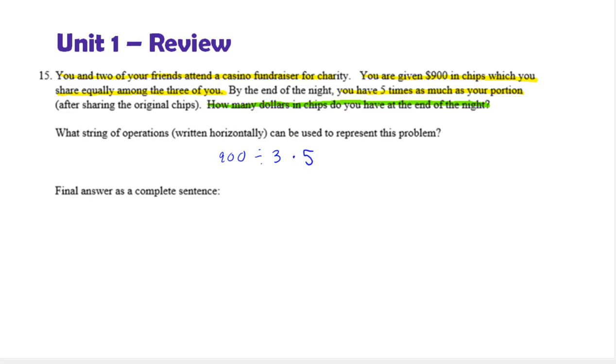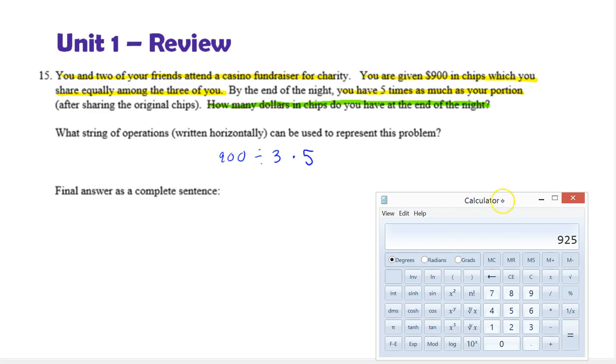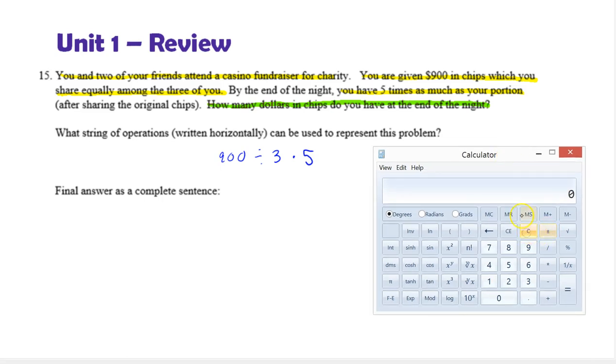Okay. So let's do this on the calculator because I want to show you something. So notice if we do this left to right, 900 divided by 3 times 5, we get $1,500. So your $300 times 5 is $1,500. Now if we multiplied first, which is incorrect, we'd have 900 divided by 15.